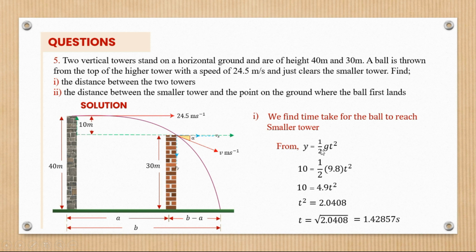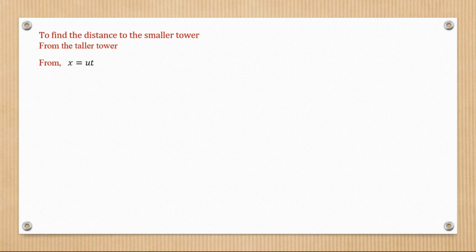Right, now that we have that time, we can easily calculate this displacement here, and find what A is and answer the first part of the question. To find the distance to the smaller tower from the taller tower, we can use the formula x is equal to ut.